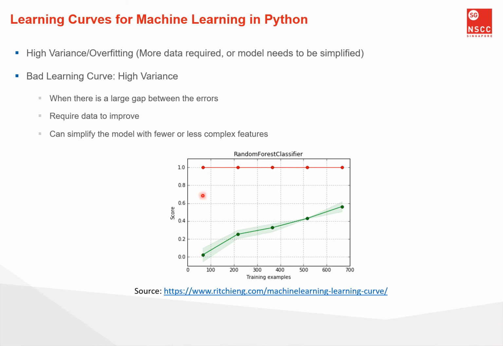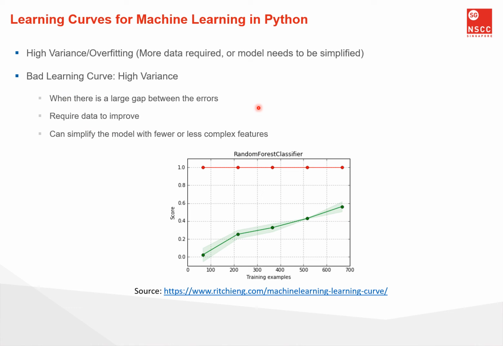You can see that at the very beginning, when we do not have enough training samples, it is definitely overfitted, and it improves as we add in more data. So it shows that we probably need to add substantially more data, maybe 10,000 rows, so that the cross validation score approaches the training score.